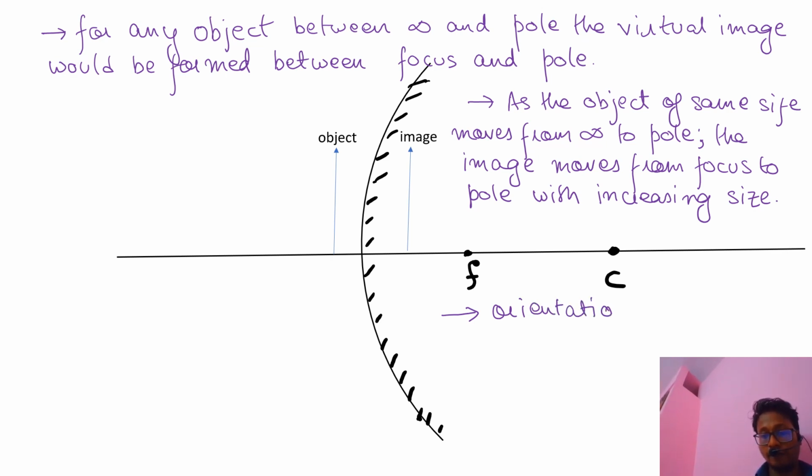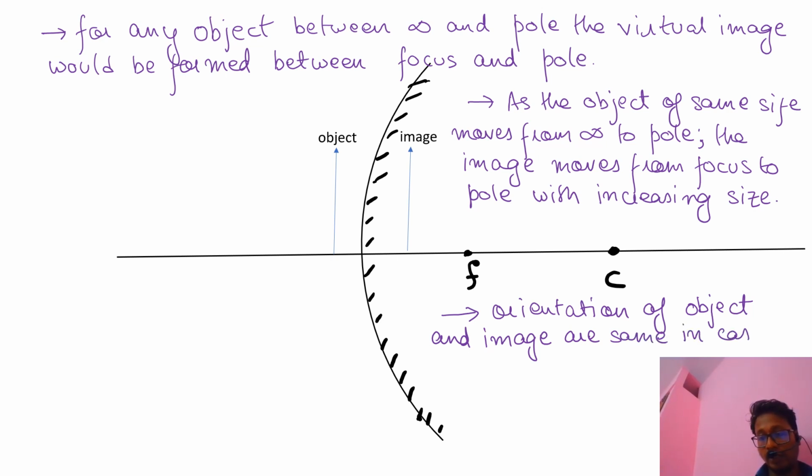Orientation of object and image are the same in case of a convex mirror.